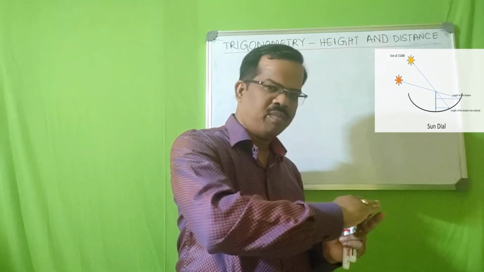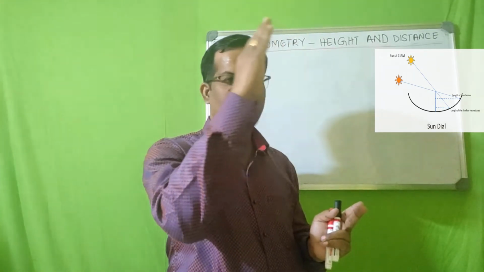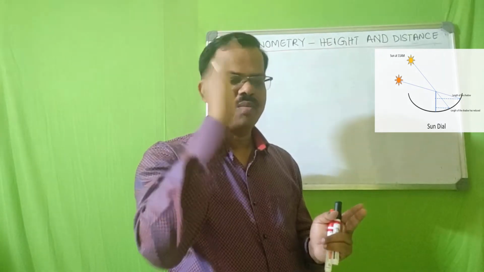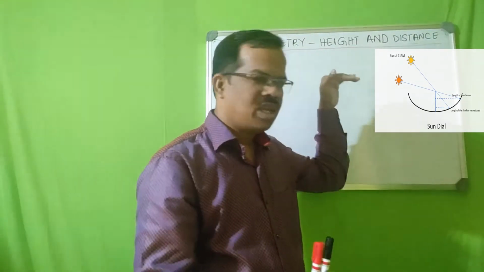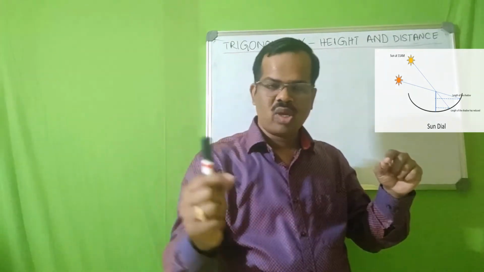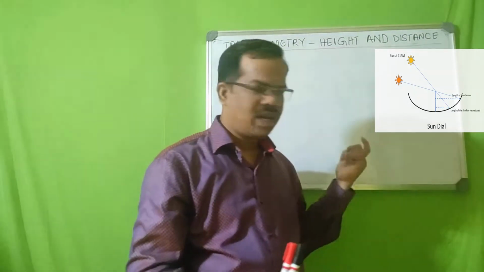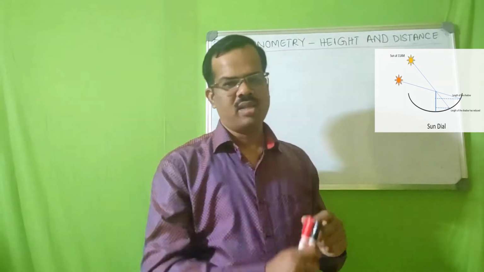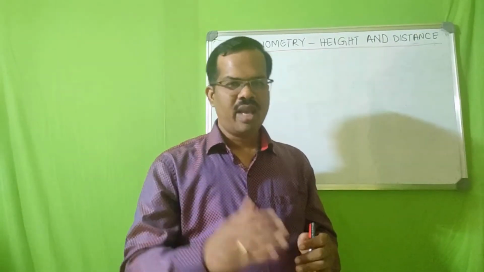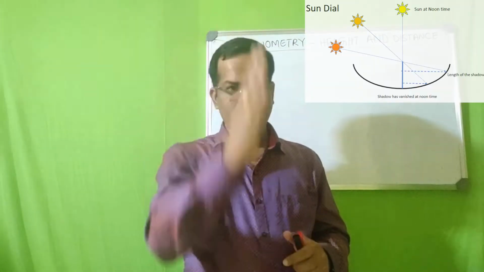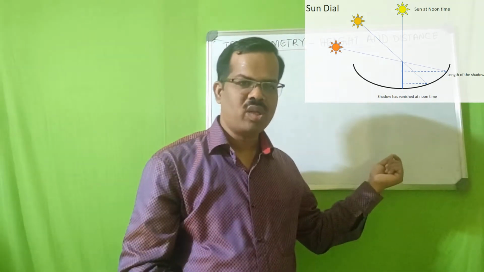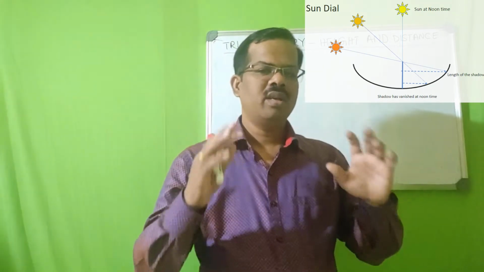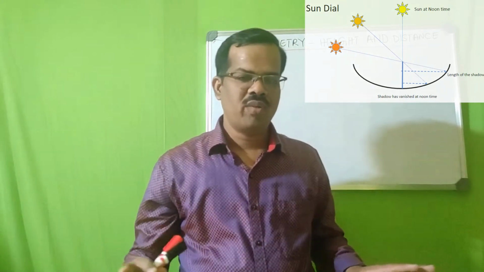So from morning 6 o'clock you are going towards 12 o'clock, right? As the sun rises, you will see that the shadow is decreasing. And then when it is exactly on the top of that middle structure, you will see the shadow has absolutely vanished. And then comes the afternoon session.